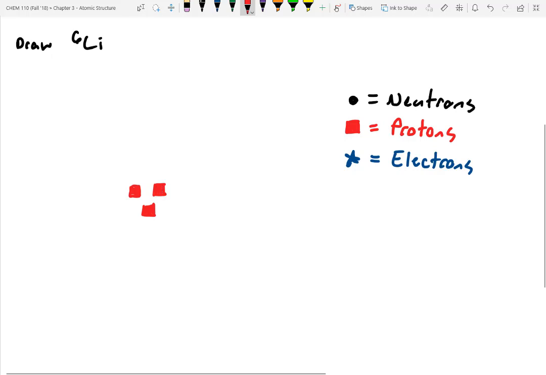How many neutrons must lithium-6 specifically have? 3, right? So it's mass number minus atomic number. So I'll go ahead and draw 3 of these. And if we think about this space in the center of the atom that contains our protons and neutrons, what's this referred to as? Nucleus.